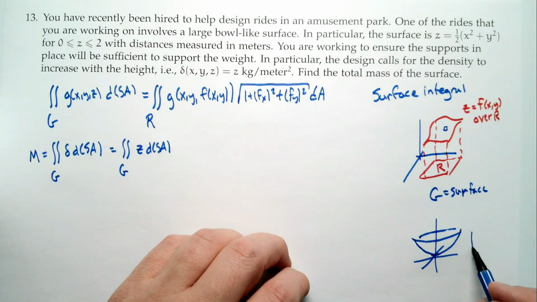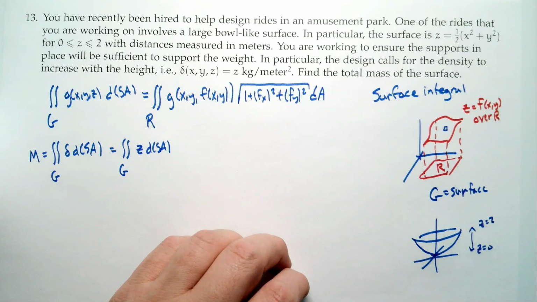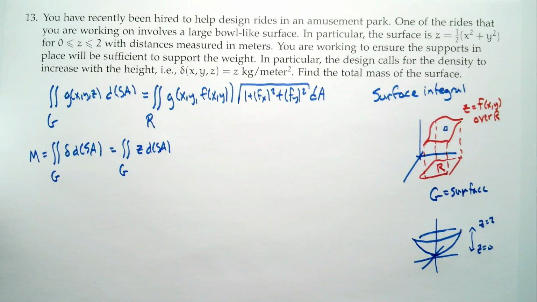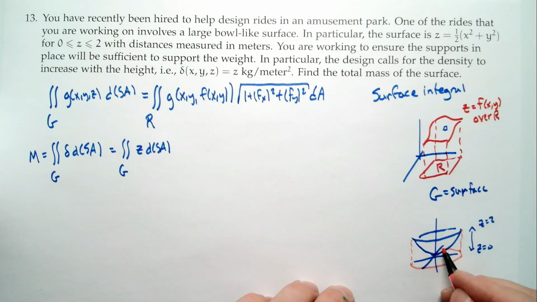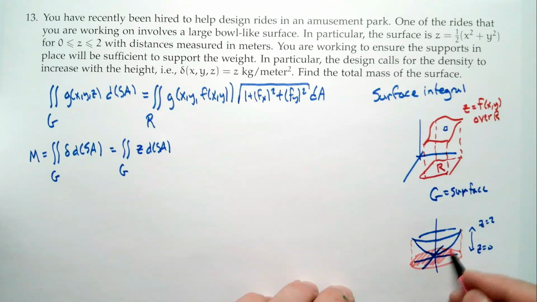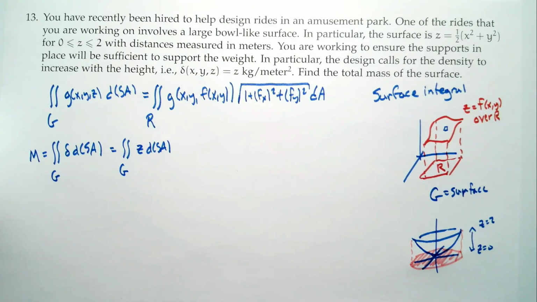We know that z goes from z equals 0 up to z equals 2. If we were to take this bowl and cast its shadow down, in other words, imagine looking at it from above, it would correspond to this region in the plane.